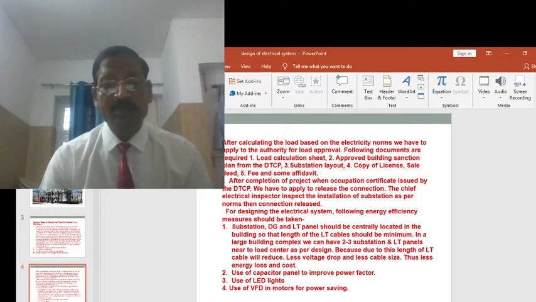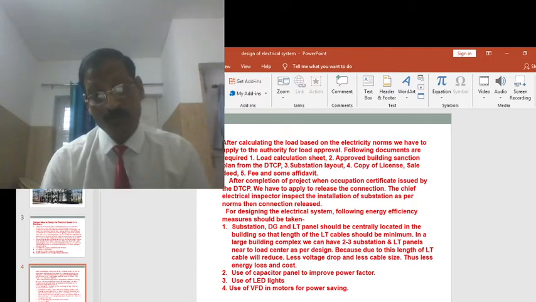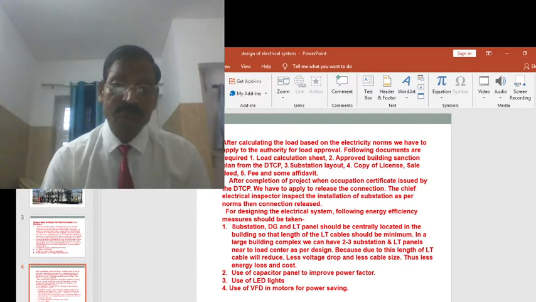In a large building complex, or in plotted colonies, we can have 2-3 substations and LT panels near the load center as per the design, because due to this the length of the LT cable reduces, and it reduces the voltage drop and the size of the cables, due to which we save energy and cost.